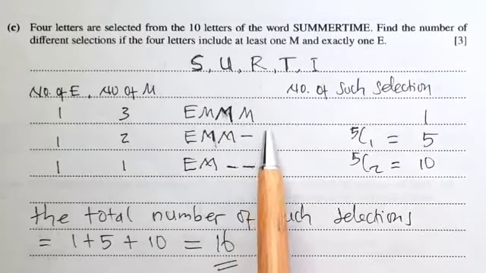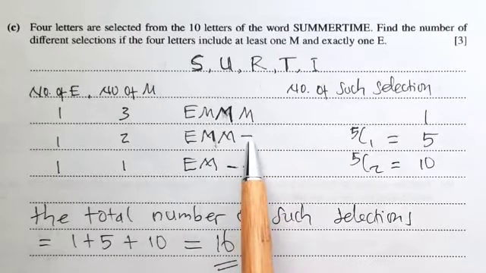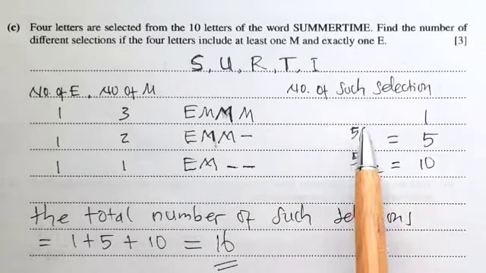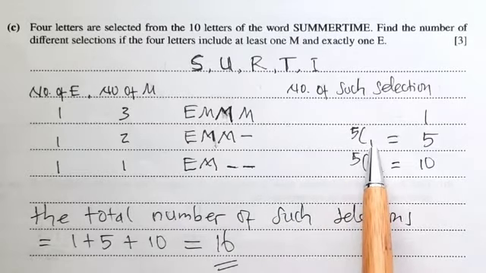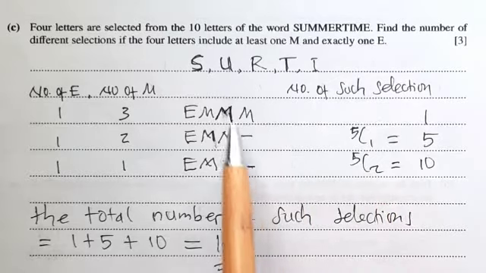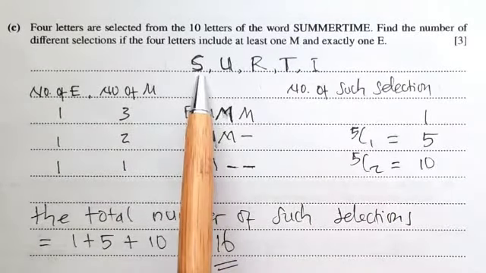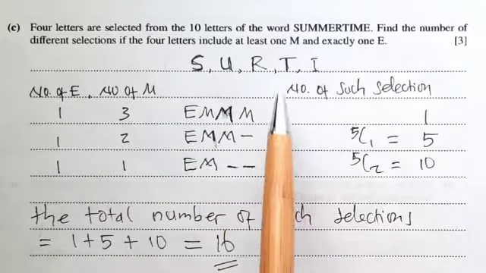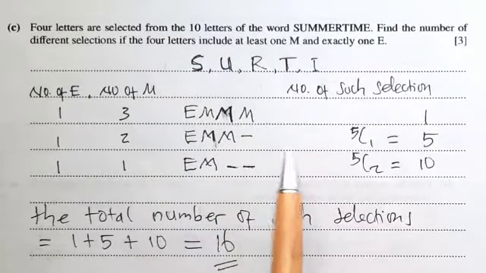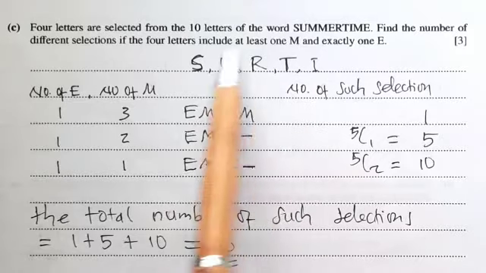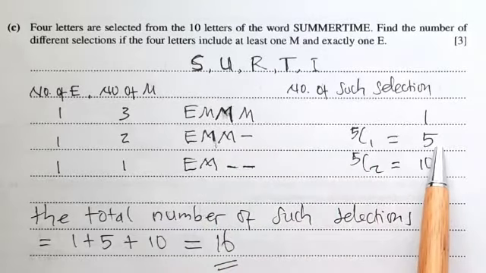To fill this empty position, we can do it in 5 combination 1 ways. There are 5 remaining letters excluding E and M, that is S, U, R, T, and I, and we want to choose one letter out of these 5 letters, that is 5 combination 1, which is 5.